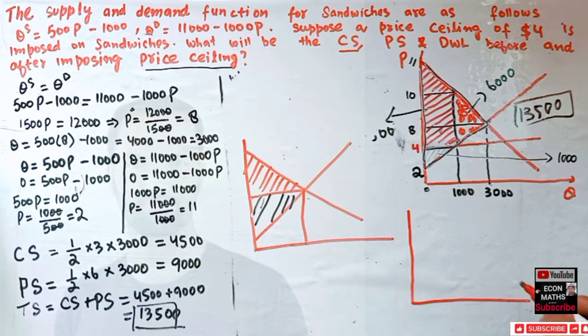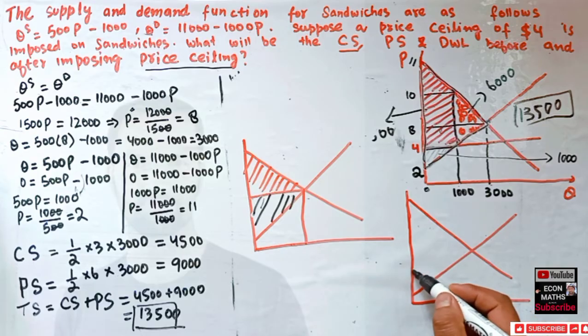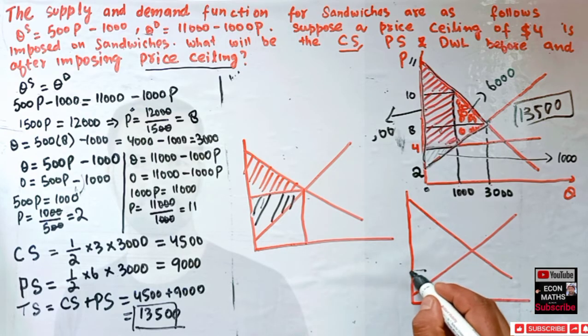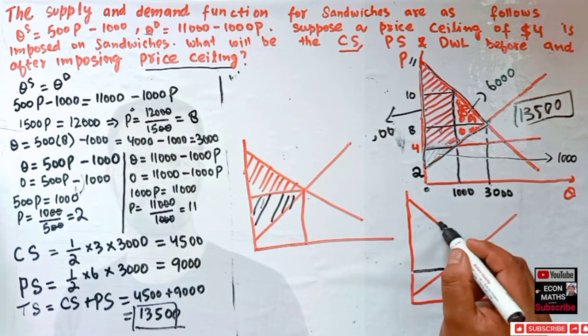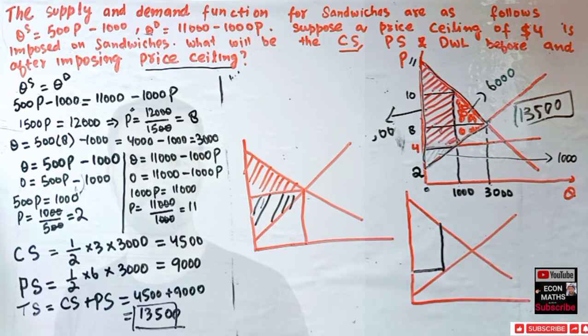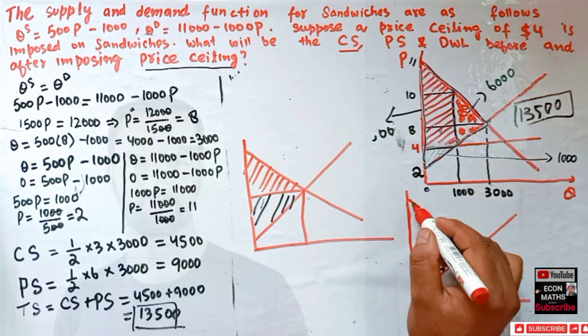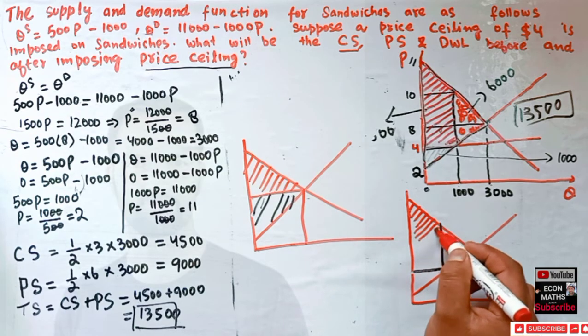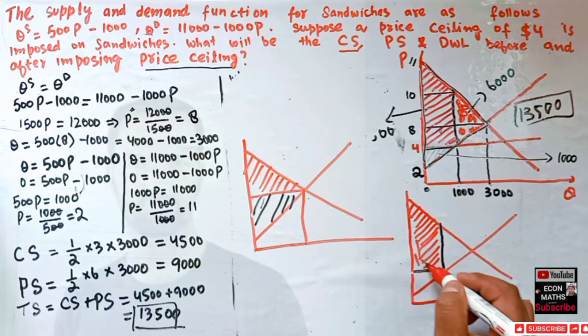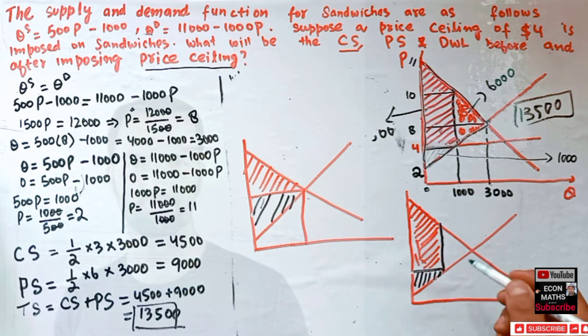Let me write clearly. This is supply and demand. When we have the price ceiling like this, after the imposition of the price ceiling, we have this much as the consumer surplus, this is the producer surplus, and we have the deadweight loss of this magnitude.